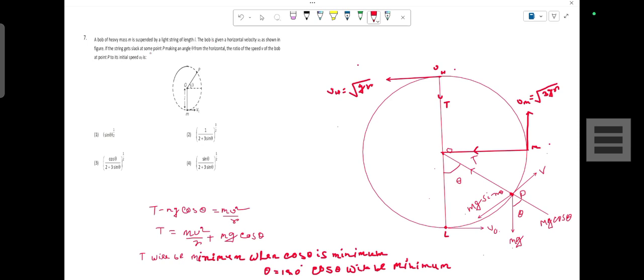If the string gets slack at a point P, making an angle theta from the horizontal, find the ratio of the speed v of the bob at point P to its initial speed v0. That is the initial velocity, and this is the point P.